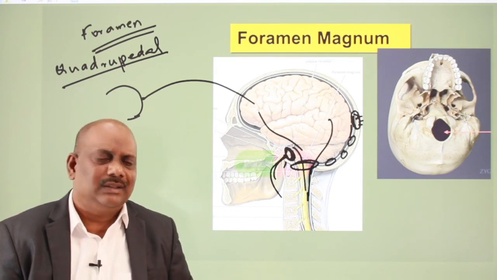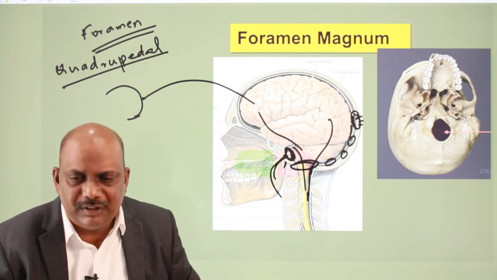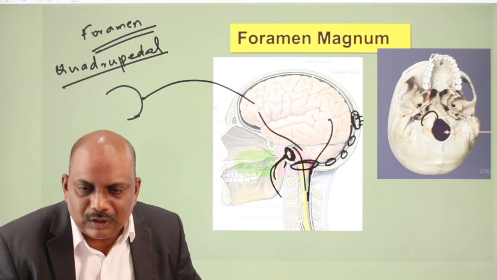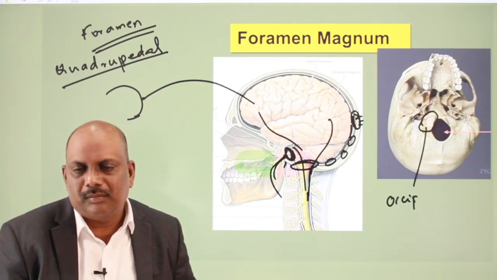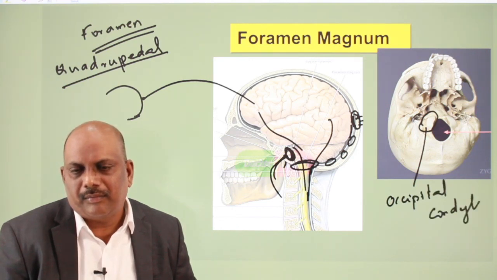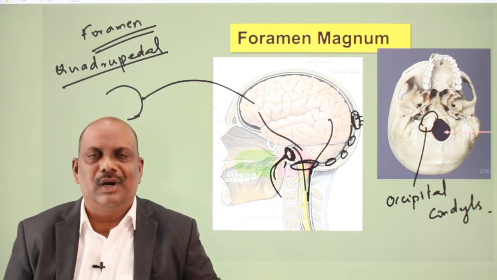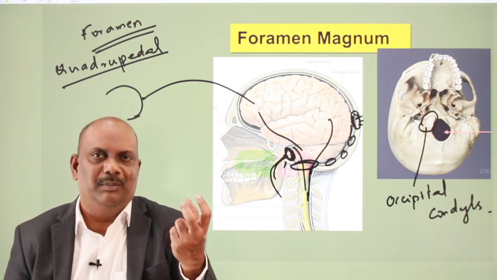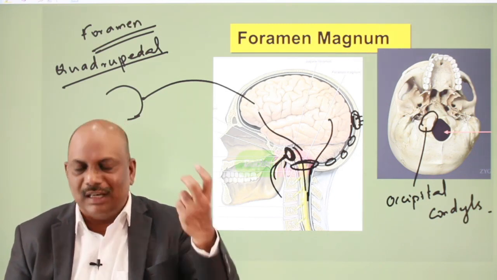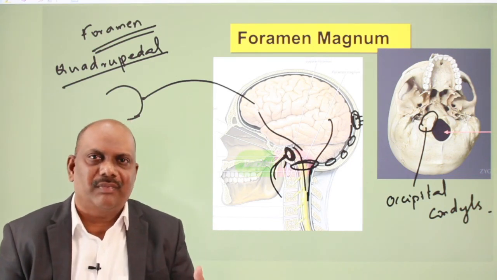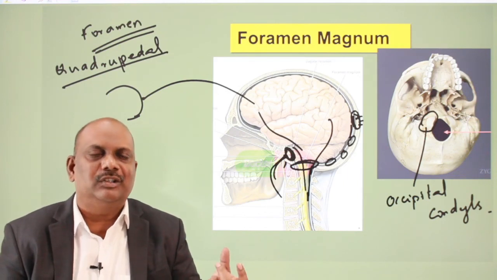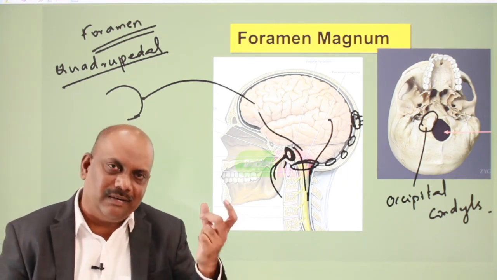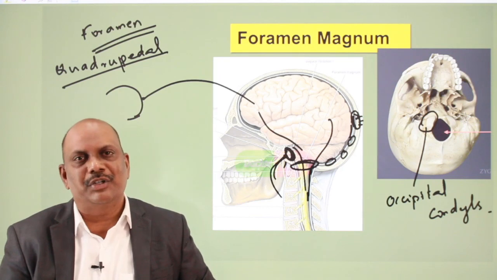Apart from this, we can also see other features like these occipital condyles. A condyle is an attachment portion of a bone. This bone gets attached to the backbone, the vertebral column. The more prominent occipital condyles again suggest that Australopithecus had an erect posture.